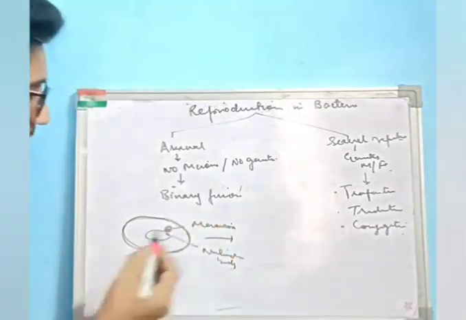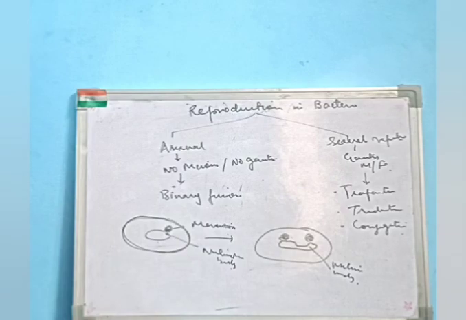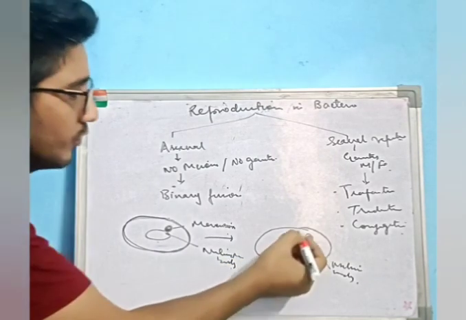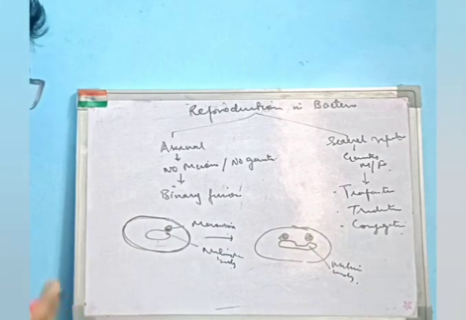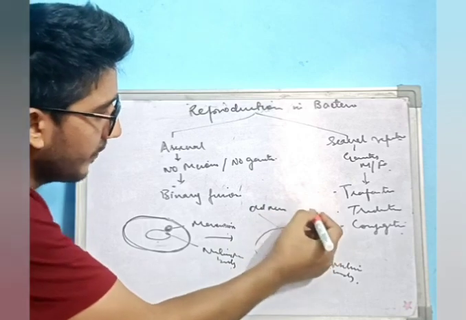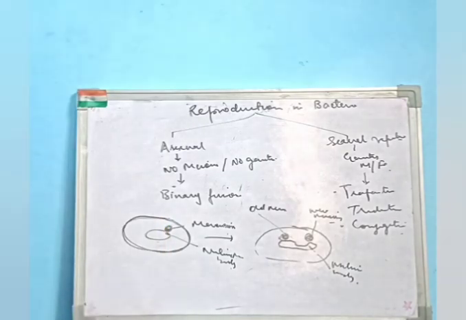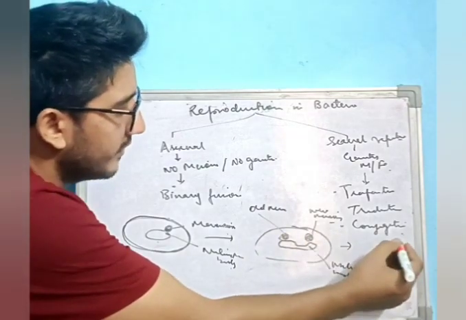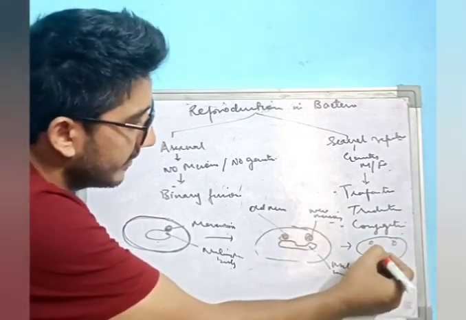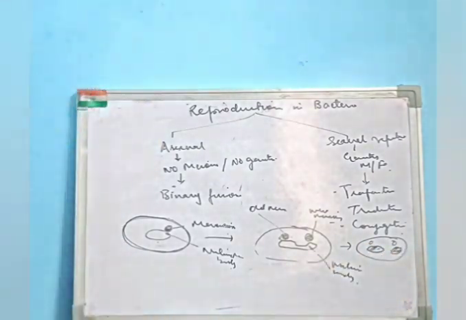In the first stage the cell wall will not break, and the mesosome starts dividing into two parts: the old mesosome and the new mesosome. After the mesosome divides completely, the nuclear body divides, and there are two nuclear bodies, the main nuclear body and the daughter nuclear body.